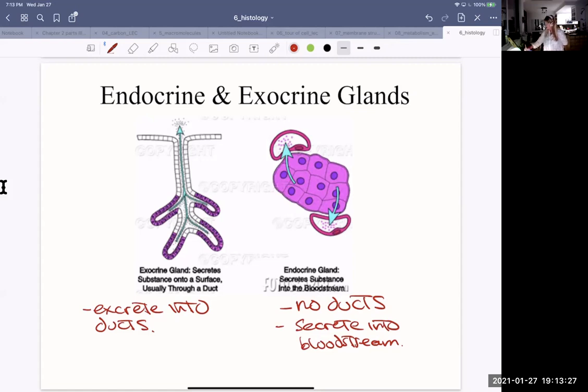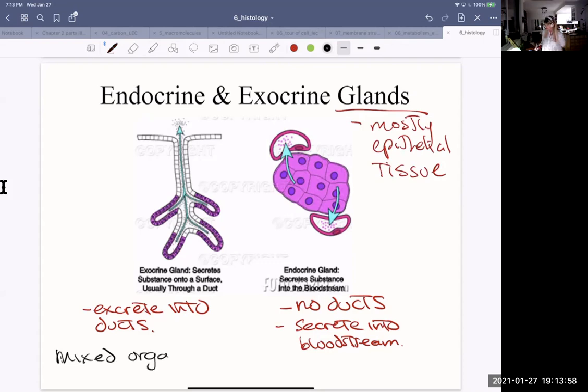And glands in general are mostly epithelial tissue. Those are the tissue that line cavities and that line ducts and that line glands. There are some mixed organs that may have both.